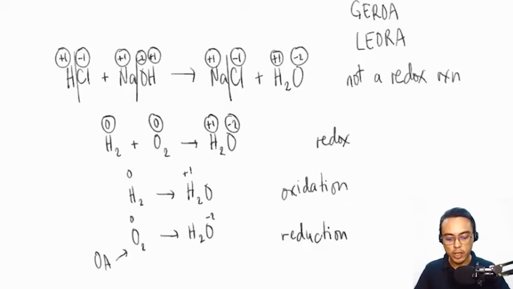So therefore, H2 is our reducing agent. Okay? That is how we identify the oxidizing and reducing agents. Always remember that the oxidizing agent is part of the reduction reaction, and the reducing agent is part of the oxidation reaction. Okay? Let's take a look at the next example.